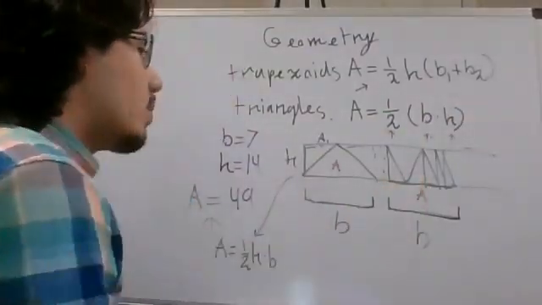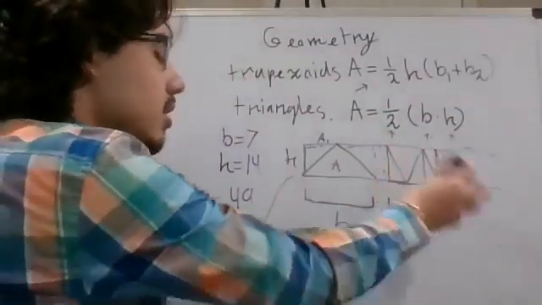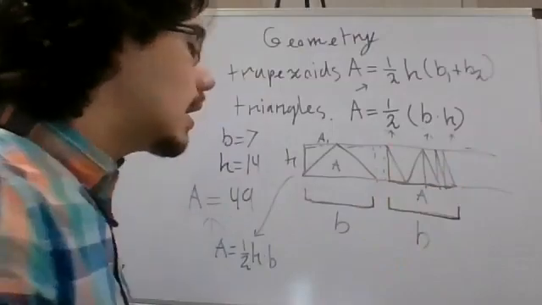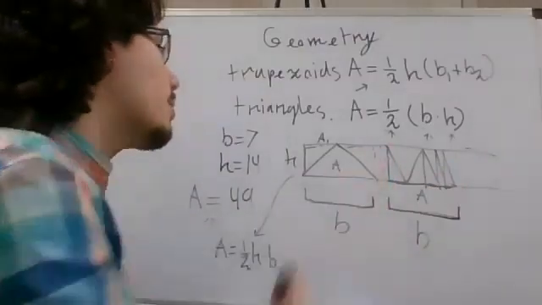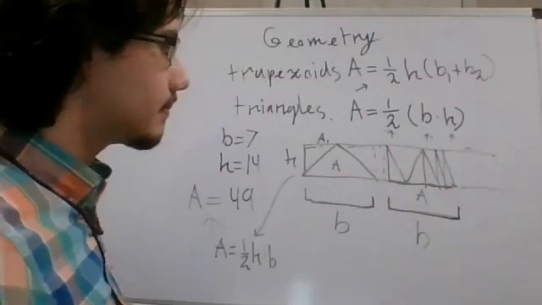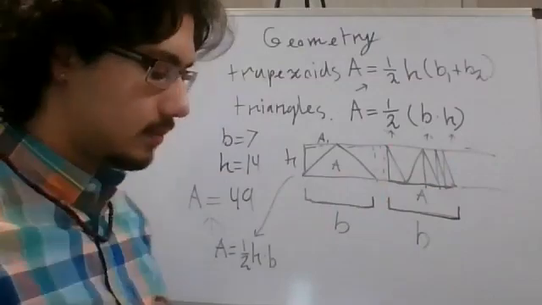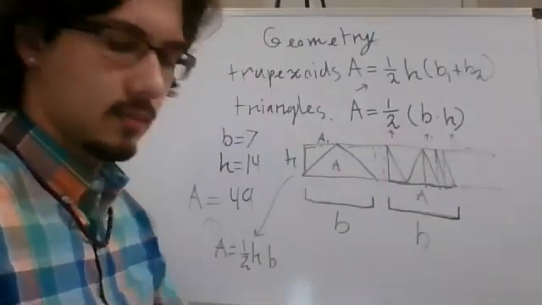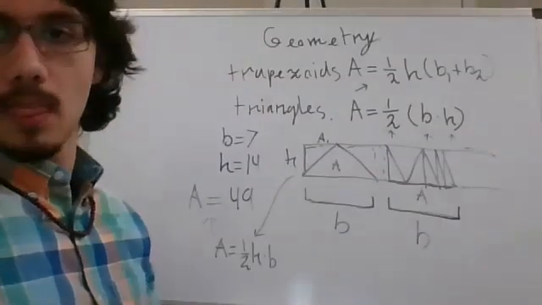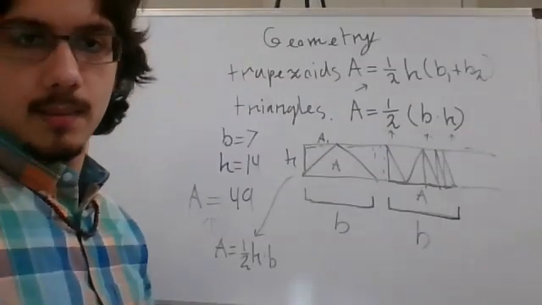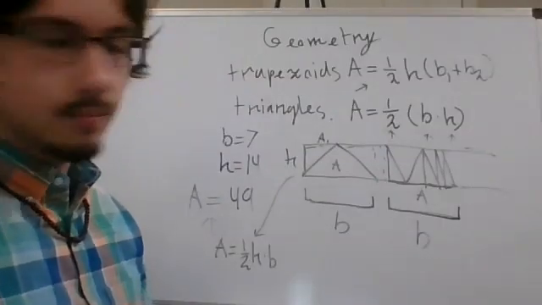Now, there's not much that we know about these triangles here. Can anybody tell me what we do know about these triangles? They all have a right angle.